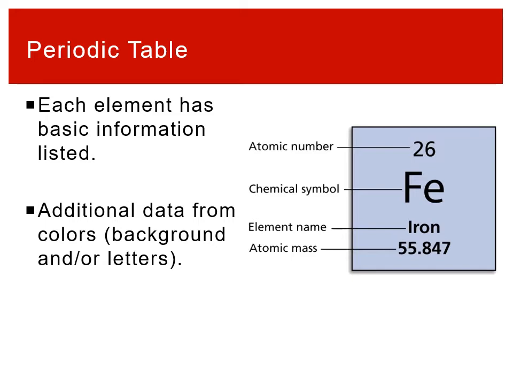There's a variety that'll show up in the notes that you can use. If you find your own periodic table that you prefer, I would encourage it to be one that has symbol and name. You're always going to have number, symbol, and mass on there; it's just a matter of including that name. Because again, you don't need to memorize that iron is Fe.